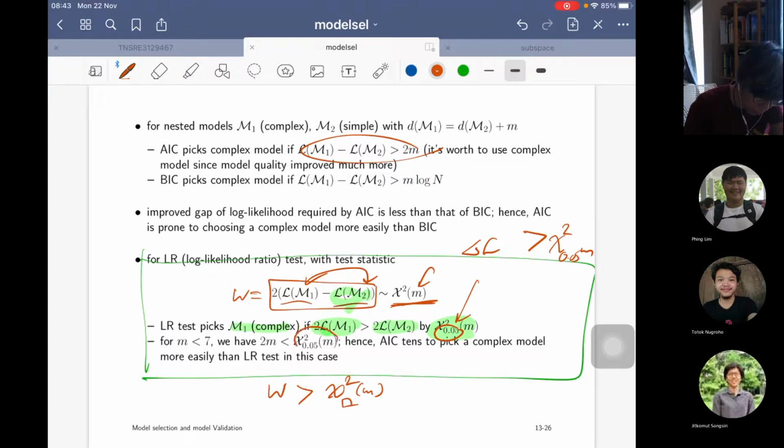When you compare the threshold from the log likelihood ratio test with 2M from AIC, you will see that these values depend on M. But when M is less than 7, this 2M is less than the critical value. When the threshold is smaller, it is easier for AIC to pick a complex model than the log likelihood ratio test in this case.